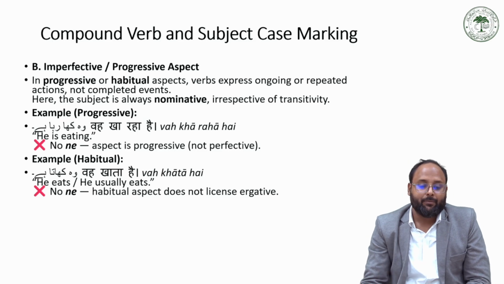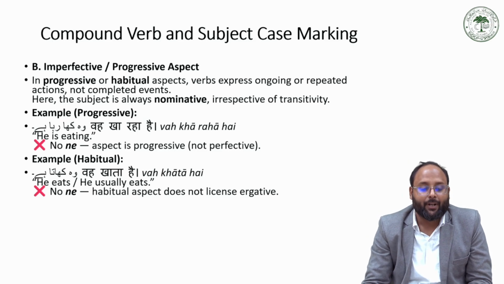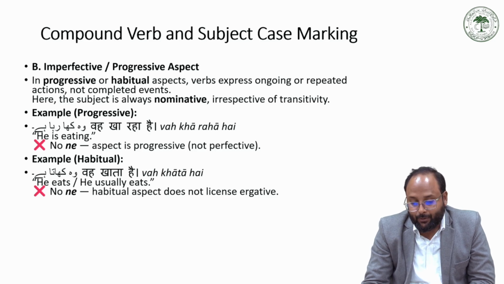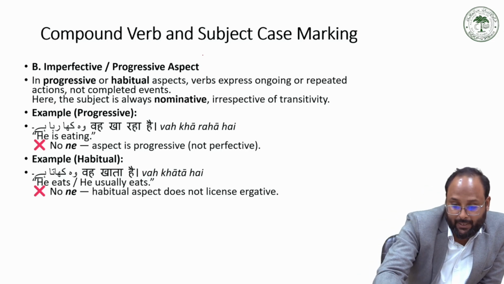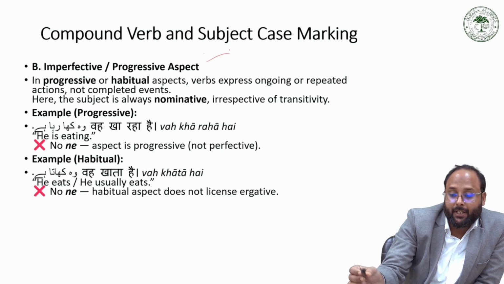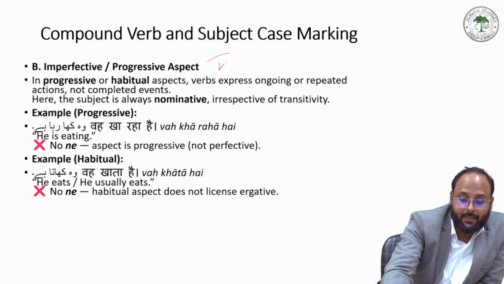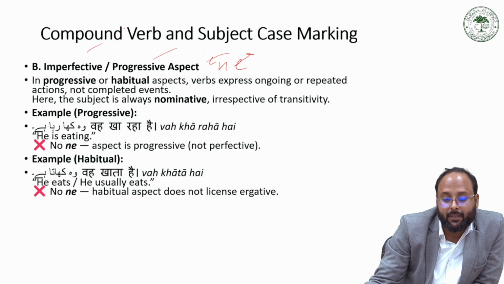In the same way we can say in the progressive aspect, like वो खाना खा रहा है and वो खाता है. These do not take the ne because it is also restricted with aspect. So the ergative case ne cannot be assigned in the progressive and imperfective aspect.